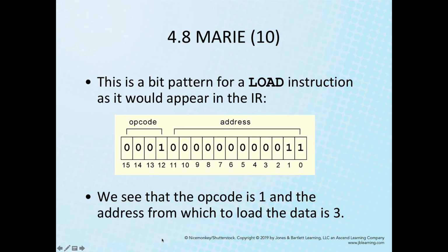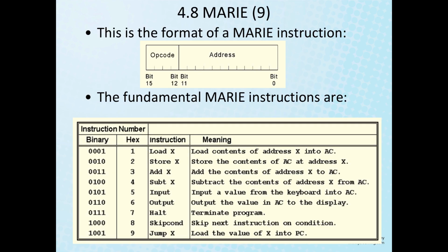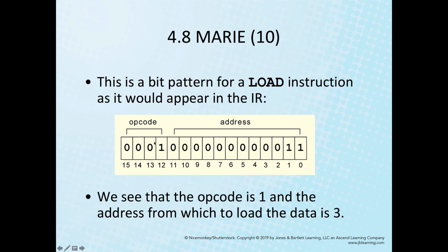So let's take a look at the load instruction. In the previous slide, the Load opcode is 0001. So here 0001 is the opcode, and whatever you give here is an address. Here the address in decimal equivalent is 3.